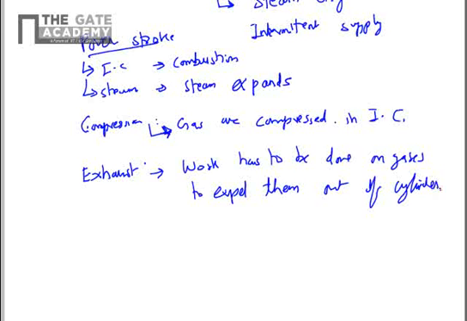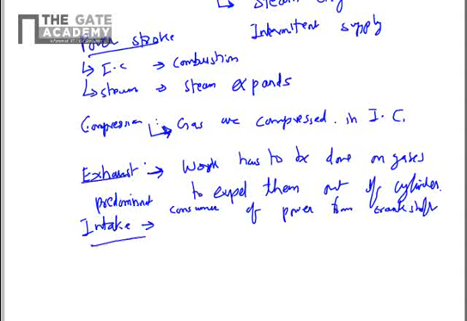In the case of a steam engine, this is an important component because the steam will expand, and after expansion, the steam will have sufficient volume, and you have to do significant work to expel it out of the cylinder. And then you have an intake stroke, in which you have to pull the gases into the cylinder.